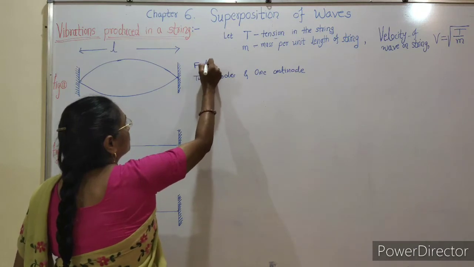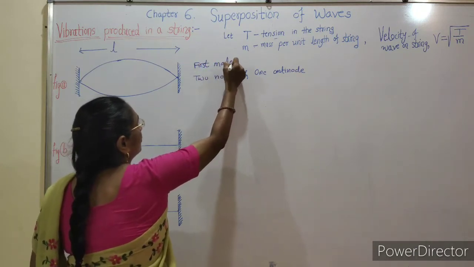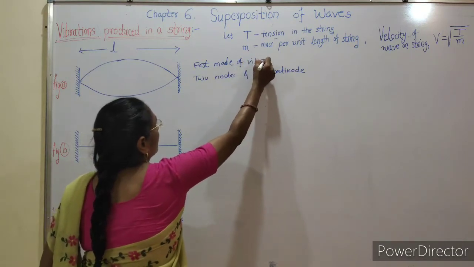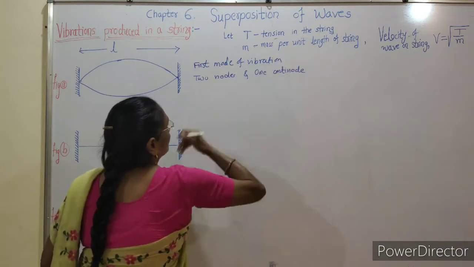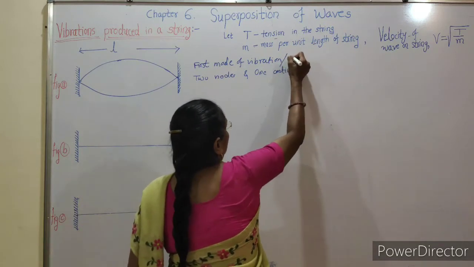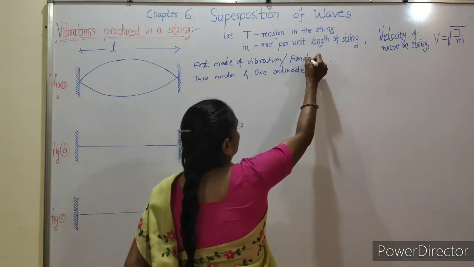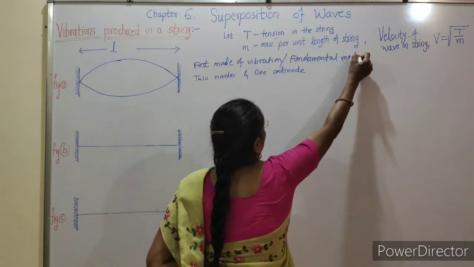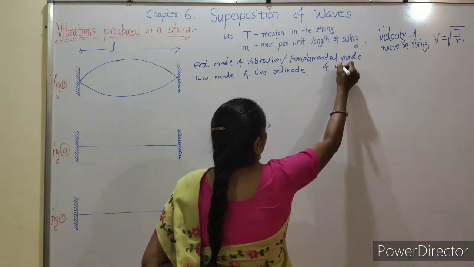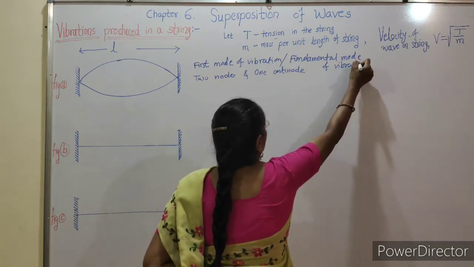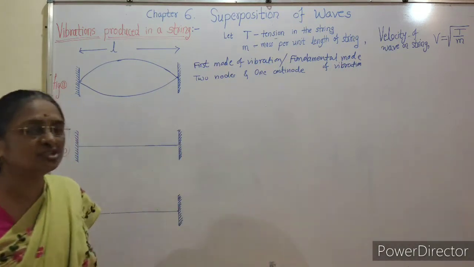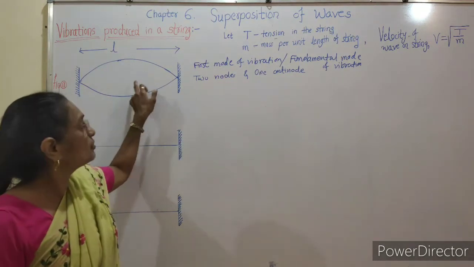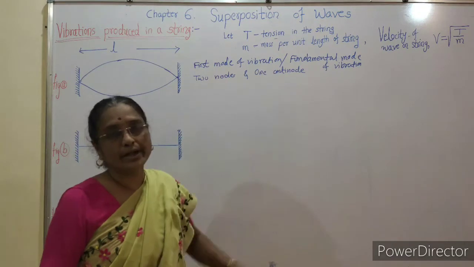We write first mode of vibration, first way of vibration, but generally it is called the fundamental mode of vibration. It is the simplest mode of vibration in which a single loop is produced, with 2 nodes and 1 antinode.